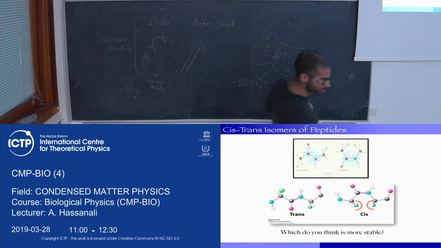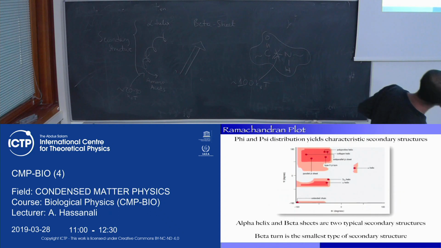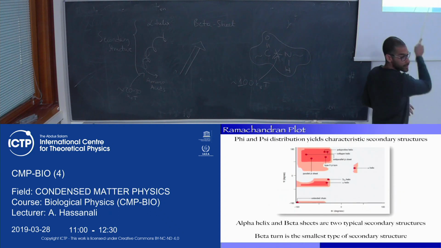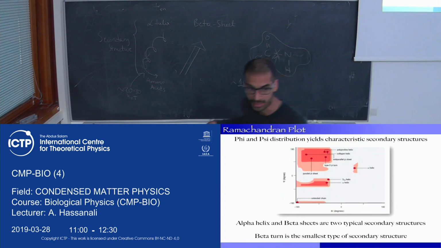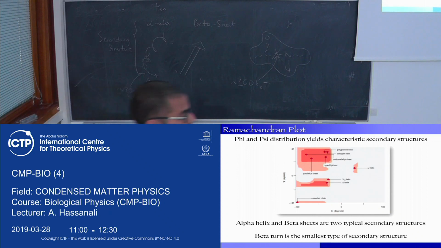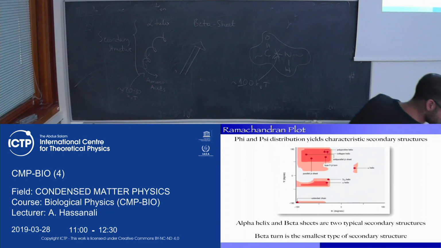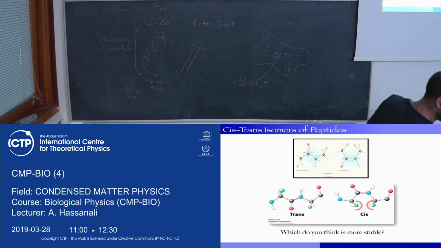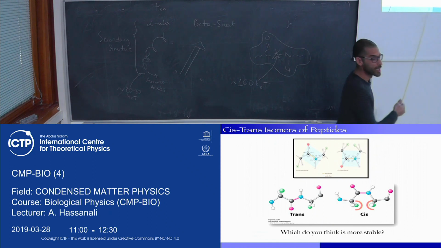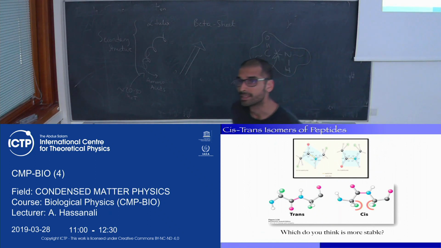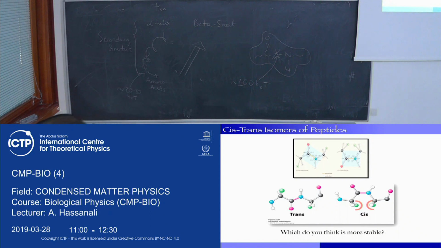Okay, and this is the main reason why this region is essentially not populated on the Ramachandran plot. It's because the trans isomer is much more stable than the cis isomer. If you don't like the language of isomer, think of them as two states.